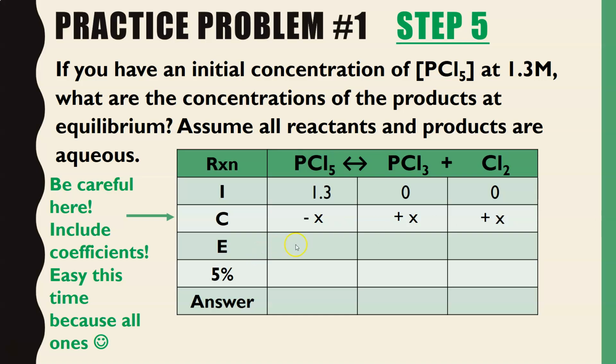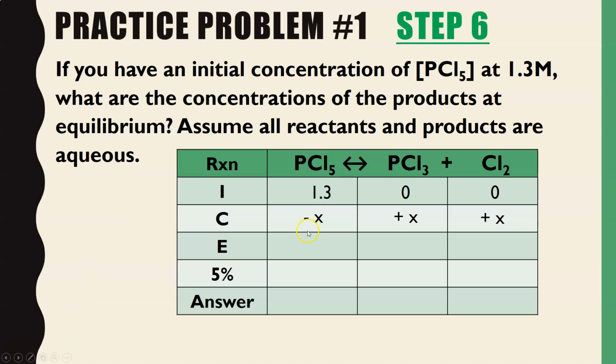Next, we're going to write out what the concentrations would be at equilibrium with the variable in place. So at equilibrium, I started with 1.3 and I lost this amount. So at equilibrium, my concentration is 1.3 minus x.